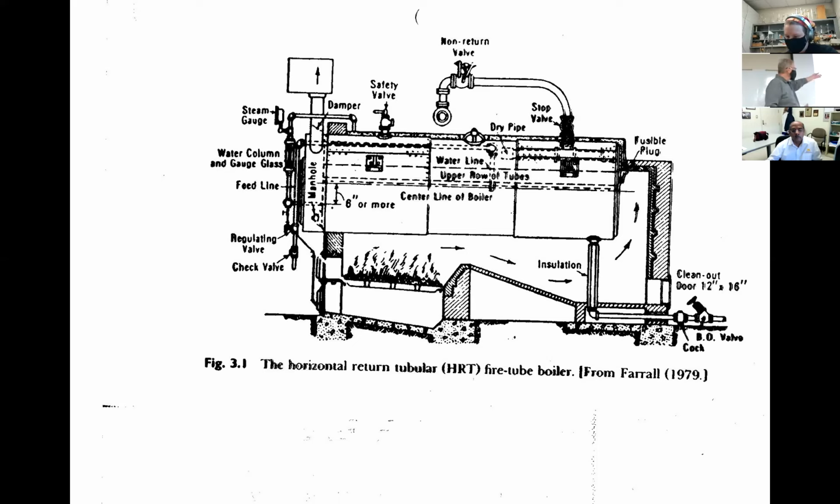That hot air is then going to flow through a pipe, the fire tube. So the tubes are going through a tank of water. The heat from that hot gas is being given up to the water, converting that water first from cool water to warm water to hot water, and under the right configuration, converting it from the liquid state to the vapor state and giving us steam.